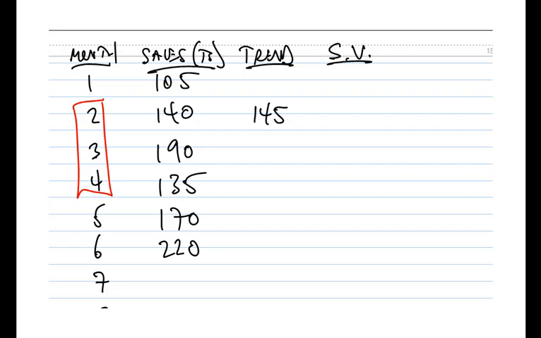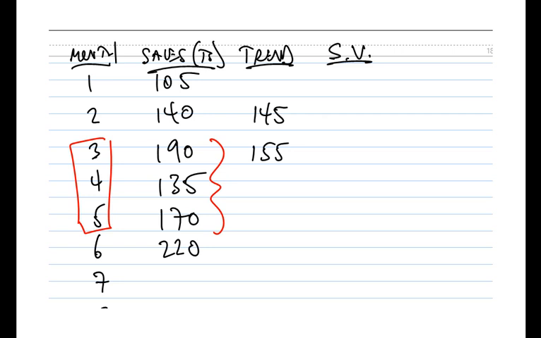Now this is called a moving average because we then move down to the next 3 periods, which would be 2, 3 and 4. And if we average those 3 figures, 140, 190 and 135, divide by 3, that gives me 155 as my second trend figure, and so on. So we then move down to the next 3 months, which would be 3, 4 and 5.